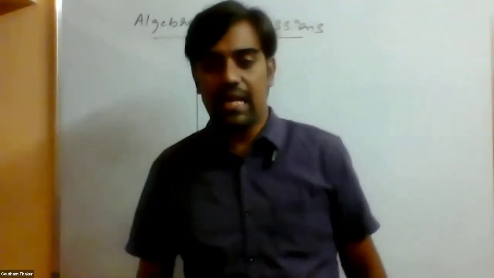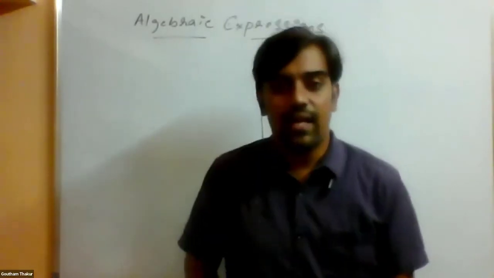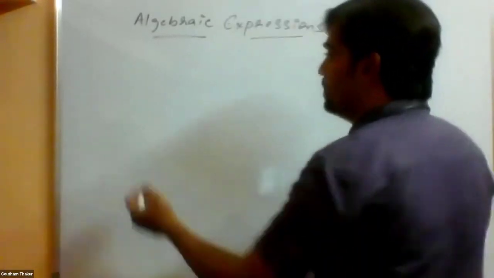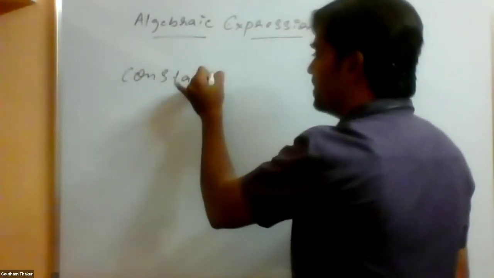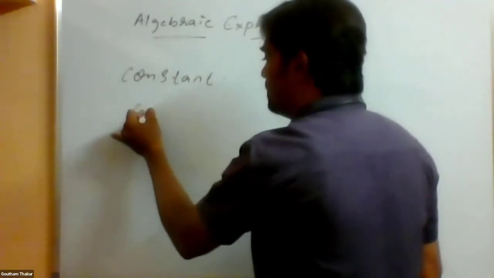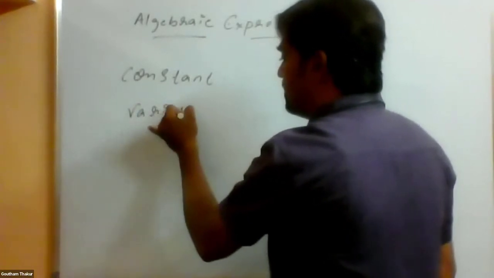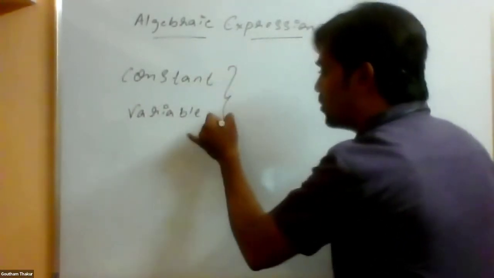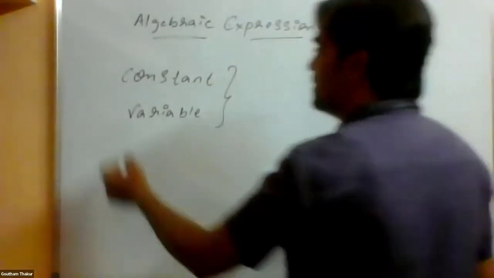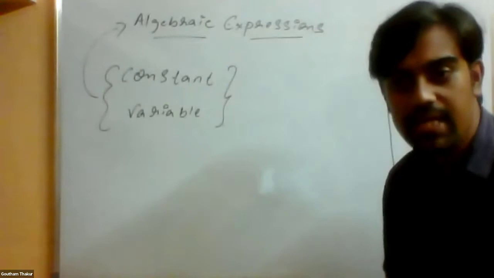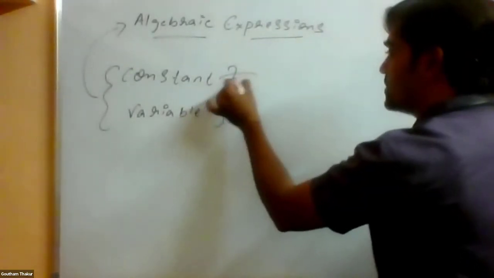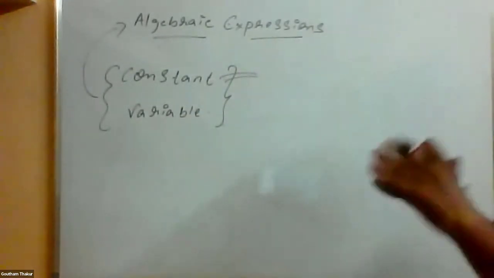Okay, great. Algebraic expressions is nothing but, before getting into the topic, let's learn a few small things: what exactly you mean by a constant and what exactly you mean by a variable. If you get to know the definitions of these two, then my topic will be simpler. Constant, in the name itself, doesn't change.